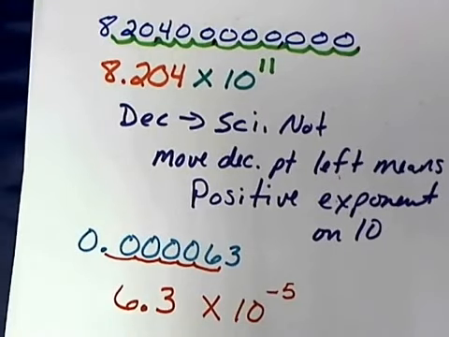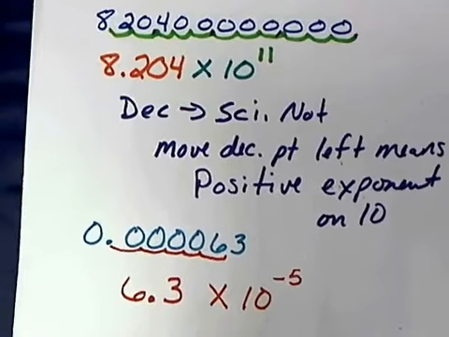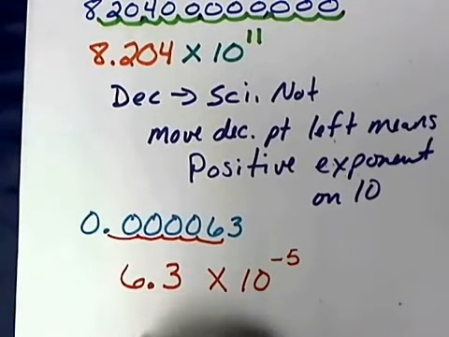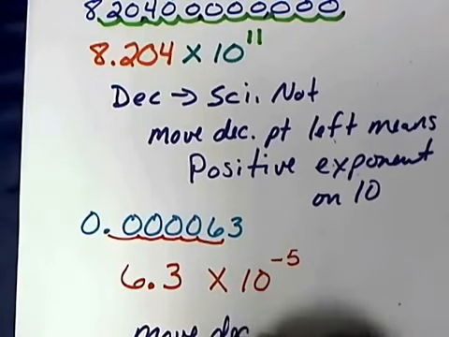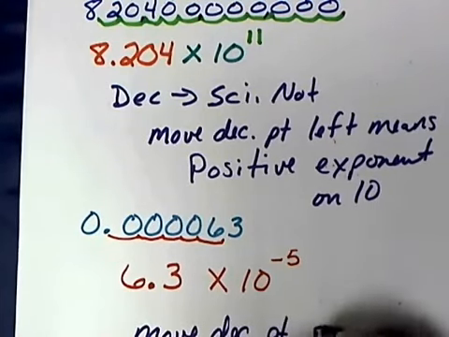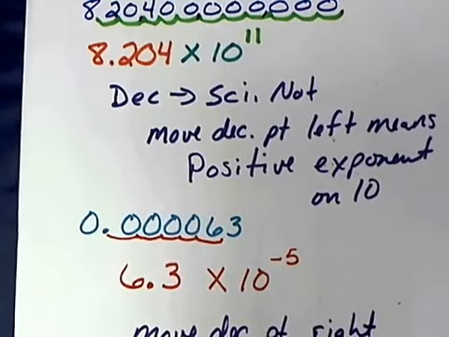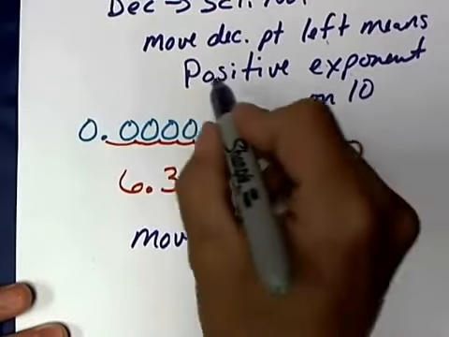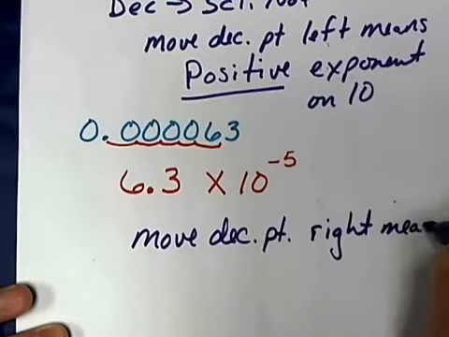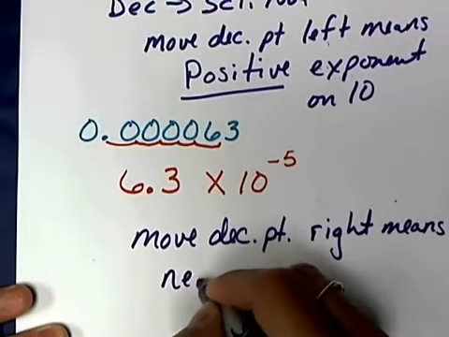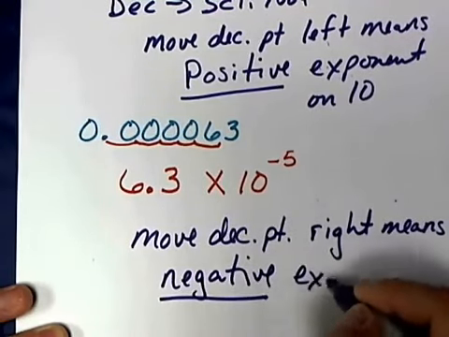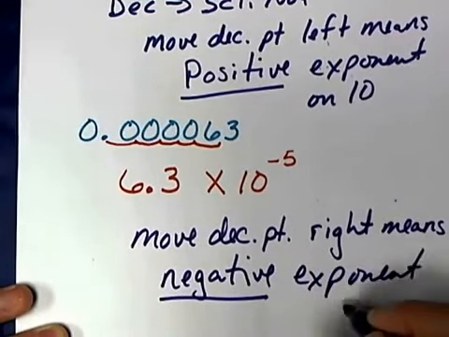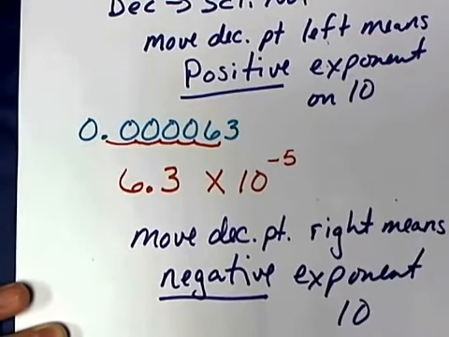So when we're going from decimal to scientific notation and we move the decimal point right, it means we have a negative exponent. And remember, the exponent is only on the number 10.